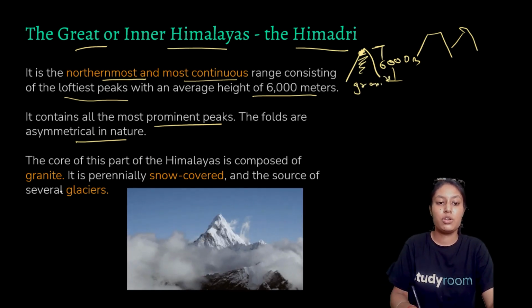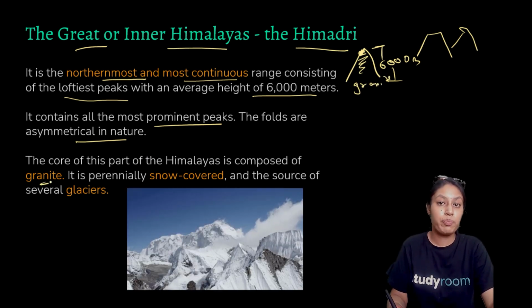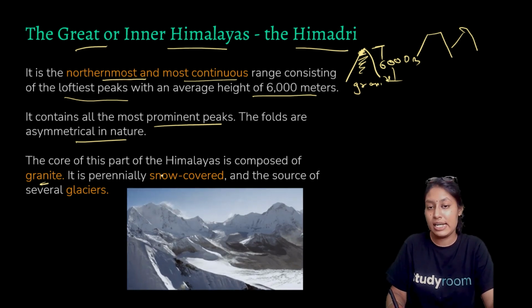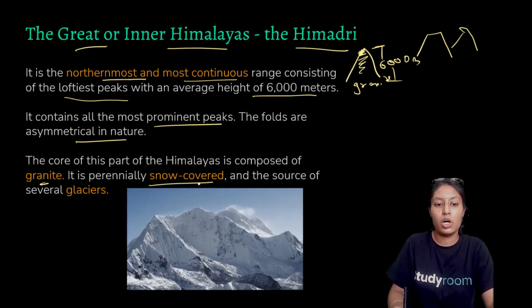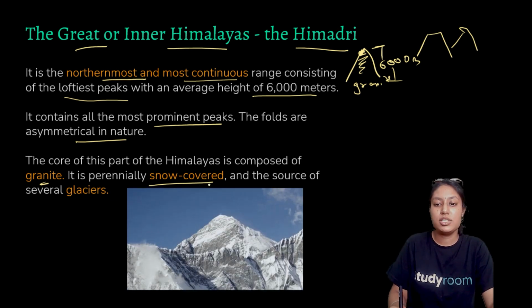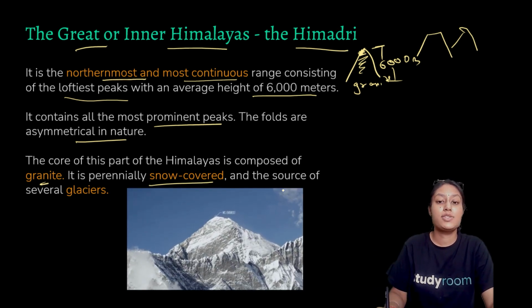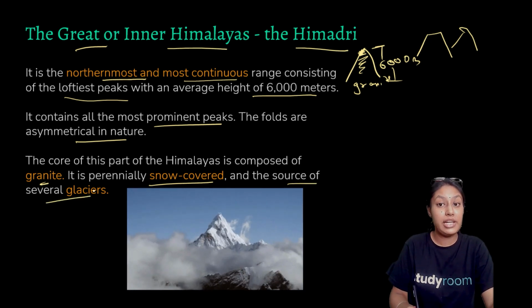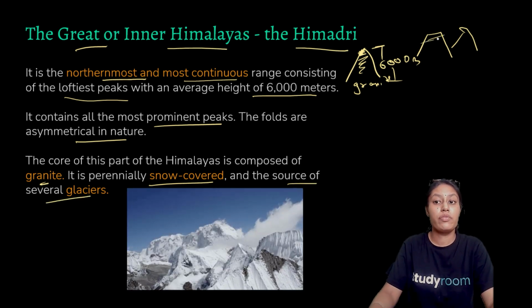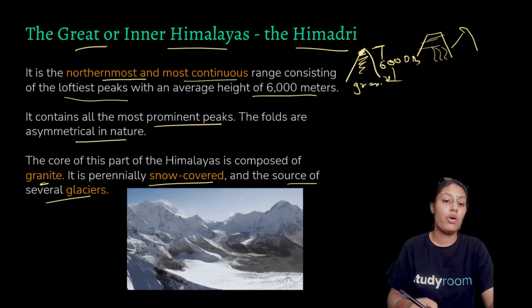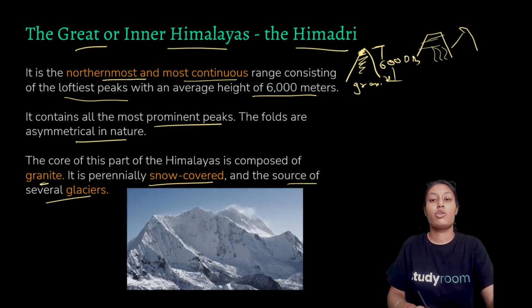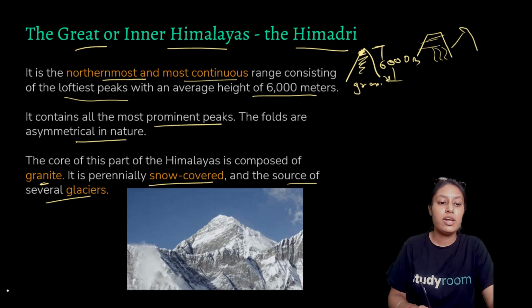It is mostly snow covered, and that's why it is the source of several glaciers, because when the snow melts, it turns out to be the source for several glaciers.